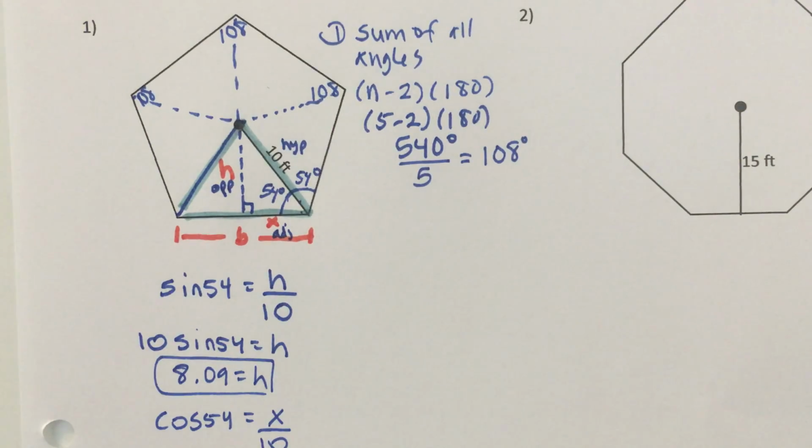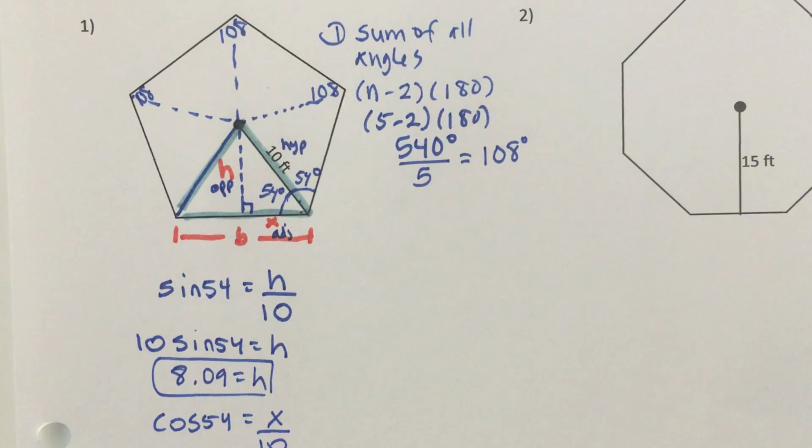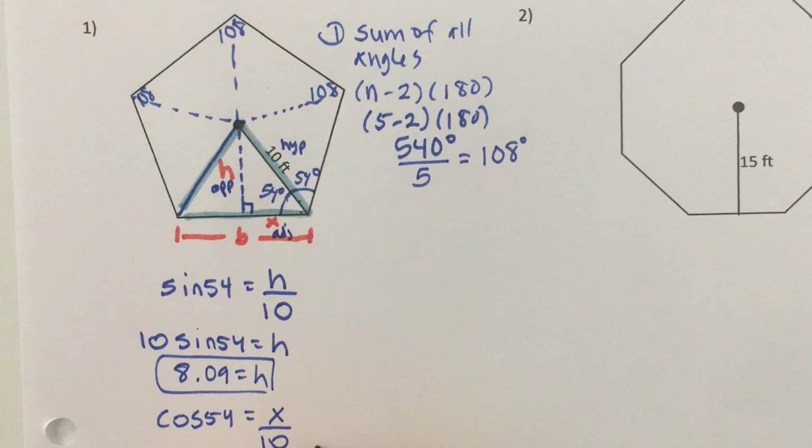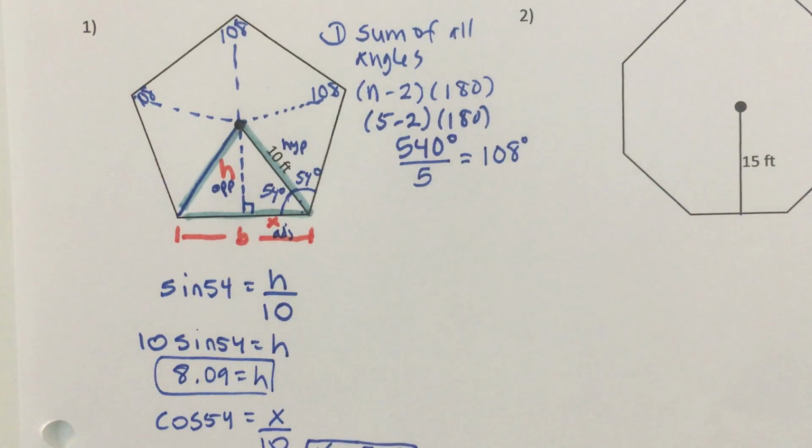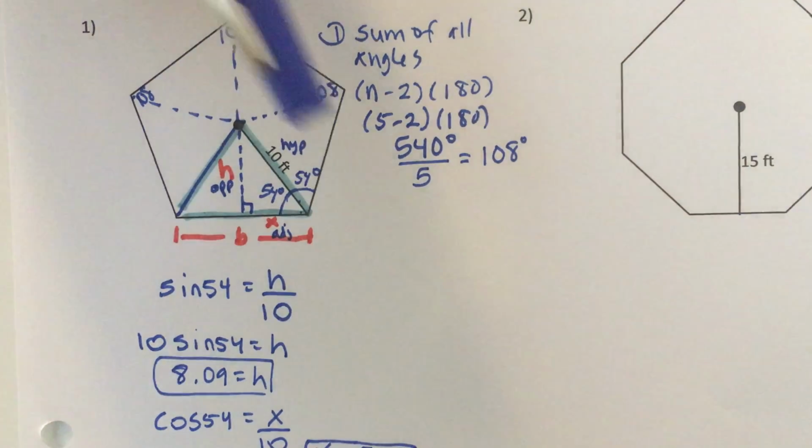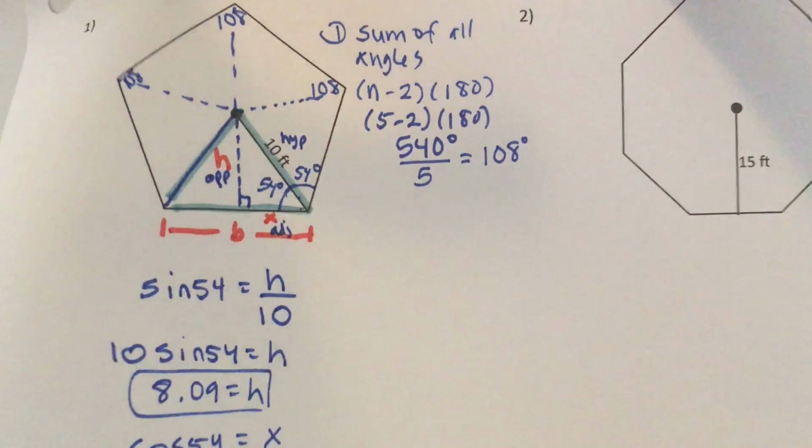Oops, I'm running out of space, so I'll just move over to the side a little. Then you type in 10 cosine 54, and you get that x equals 5.88. Sorry, you can't see that. Let me move it up.